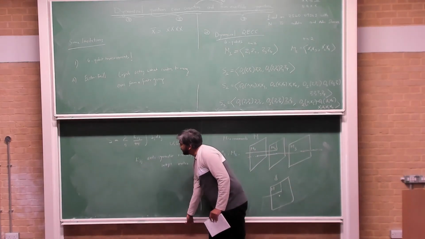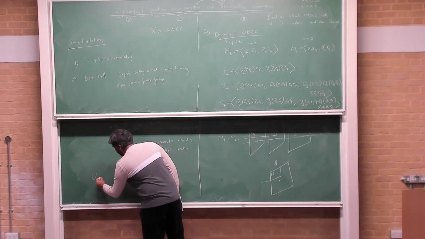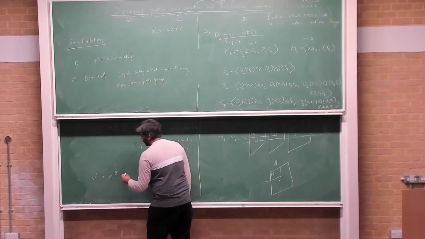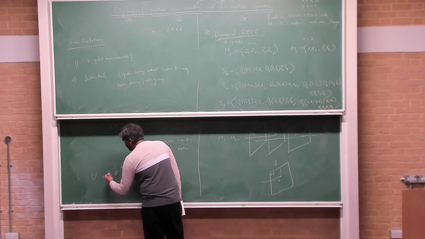Because what are the operators in this theory? For a given 2-manifold, let me call it sigma, I can take this gauge field and integrate it over this 2-manifold.